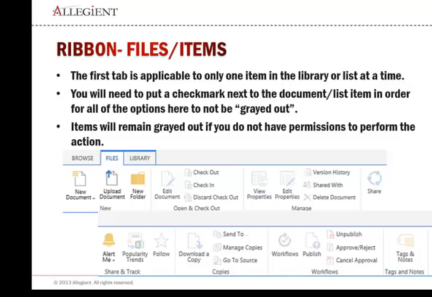It will default to a blank Word document, or you can actually upload a document. So you're able to browse from your computer and upload a document. You're able to upload multiple documents. You can use Windows Explorer to drag and drop multiple items from a document library.